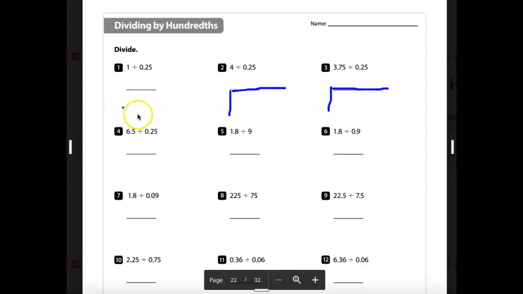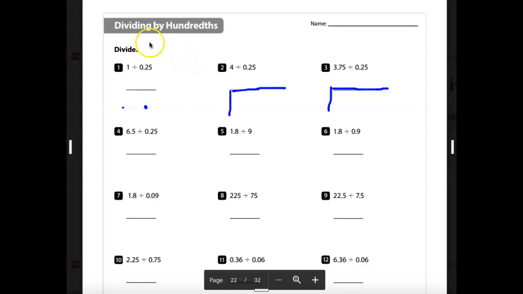All right, so set your paper up like this, or if you're doing it on scrap paper, that's fine too. Remember that when we have a whole number, we can always bring a decimal point to it because it's at the very end. But when we need it, we can put it there.